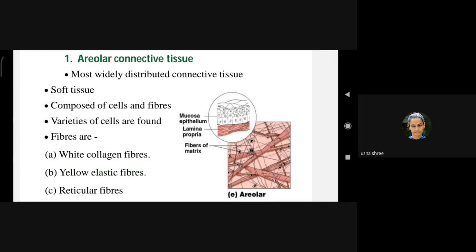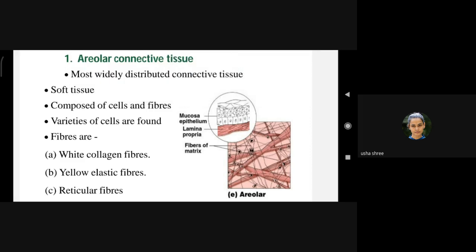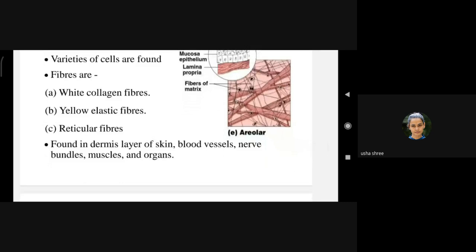The fibers are white collagen fibers, yellow elastic fibers, and reticular fibers. Areolar connective tissue is found in the dermis layer of skin, blood vessels, nerve bundles, muscles, and organs.